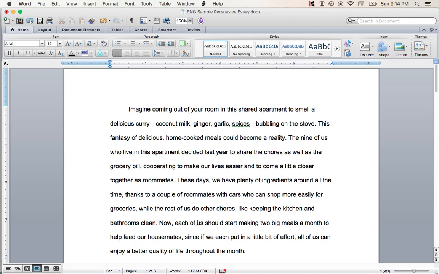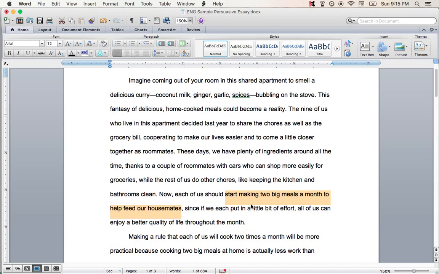So you're going to say that somebody should do something. Right? Each of us, that's the people who should be doing something, should start making 2 big meals a month to help feed our housemates. That's the change that is being proposed.